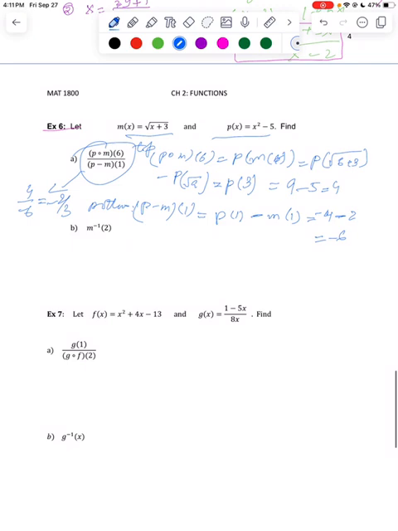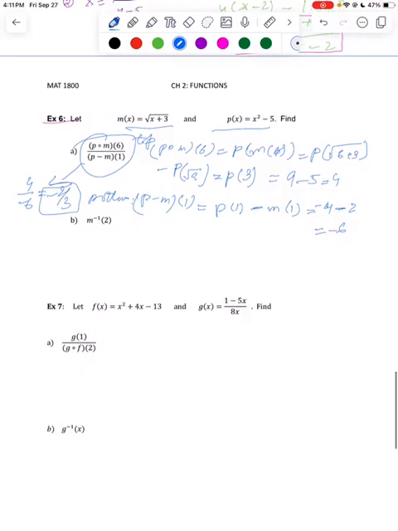Part now is saying find M inverse of 2. Again, you can find M inverse and then plug in your 2 in there, or you can do it in another way. So remember, if I ask you to find M of 2, you plug in this 2 for x.